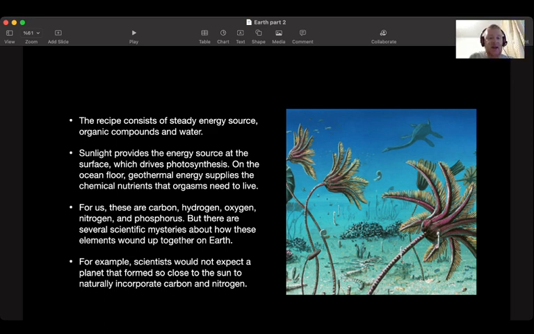Sunlight provides the energy source at the surface, which drives photosynthesis on the ocean floor. Geothermal energy supplies the chemical nutrients that organisms need to live. For us, these are carbon, hydrogen, oxygen, nitrogen, and phosphorus.